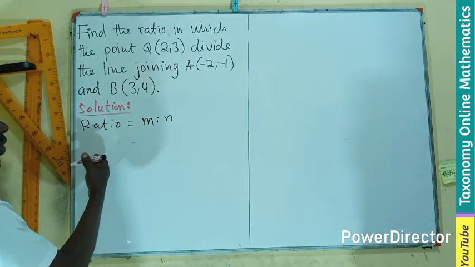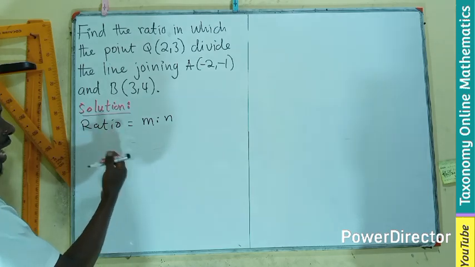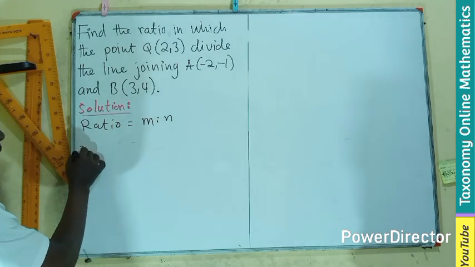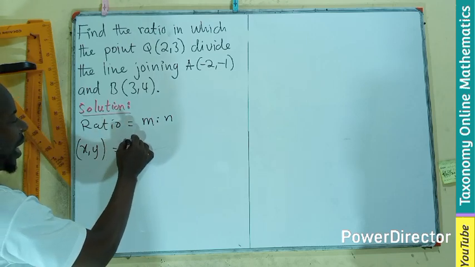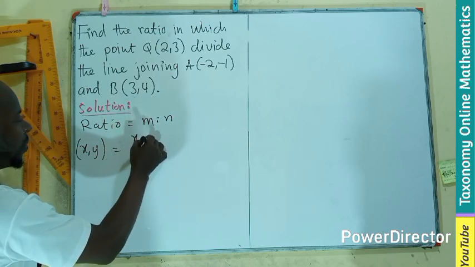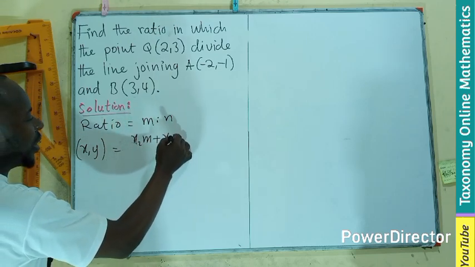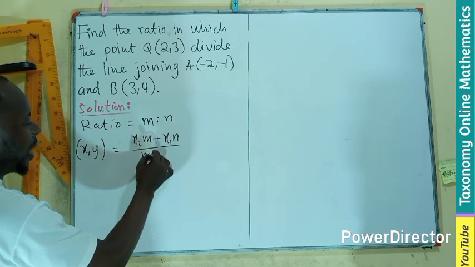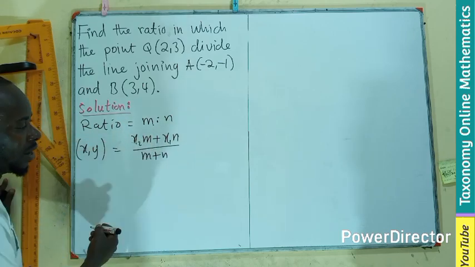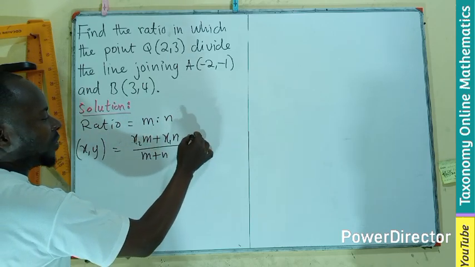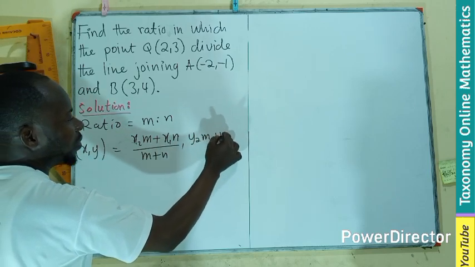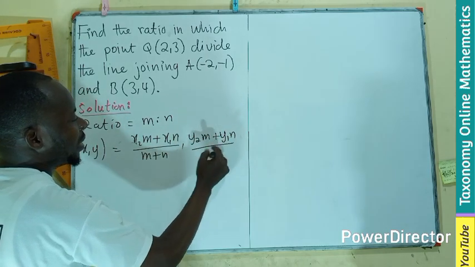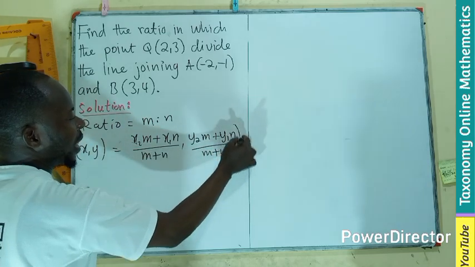So looking out for the x coordinate and the y coordinate, we can have this being equal to x2 times m plus x1 times n, over m plus n. This is for internal division. Then we can have our y2 times m plus y1 times n, over m plus n.